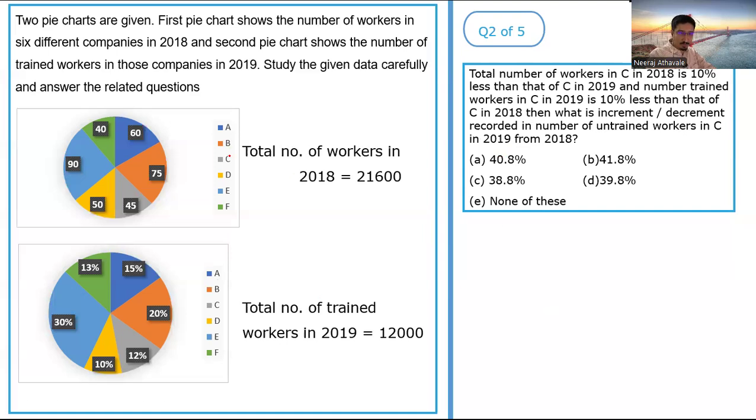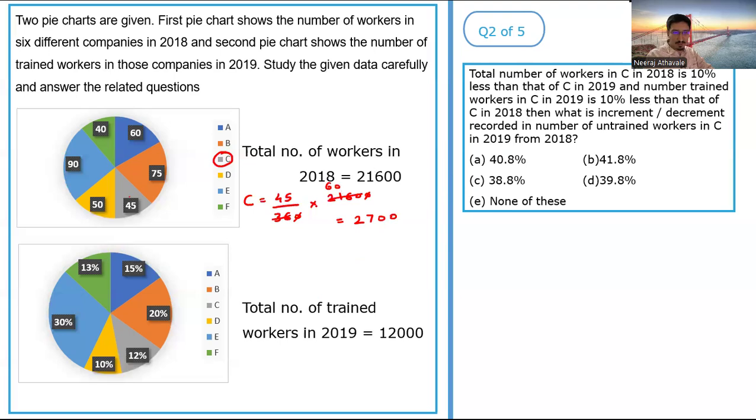Now we are speaking of C. First of all, C in 2018 will be 45 upon 360 into 21,600. We have seen this, this is nothing but 60. So 45 into 60 comes out to be 2700.